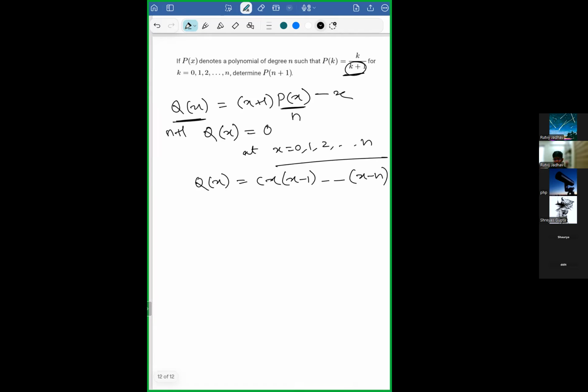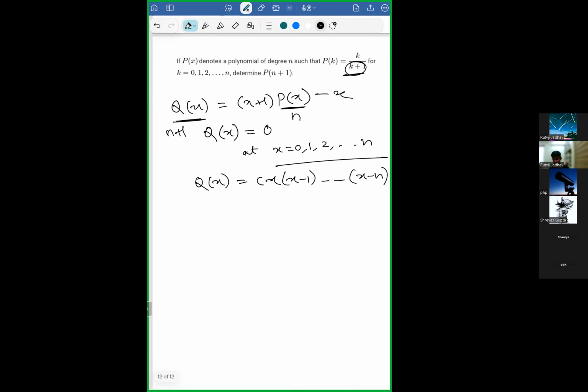Like Q of x is this. There can be a double root, right? There can't be a double root because we have exactly n plus 1 values at which Q is 0, and the degree of Q is also n plus 1. If we had fewer values at which Q was 0, then there was a chance of double root. But we have exactly n plus 1 values, so there can't be a double root.